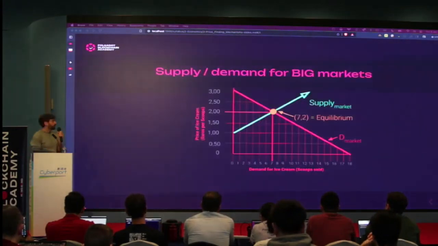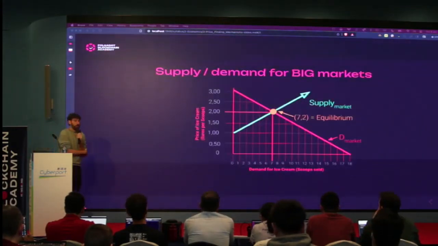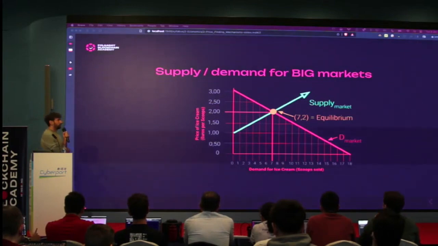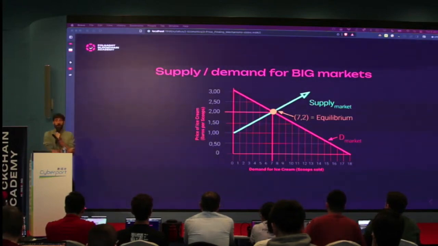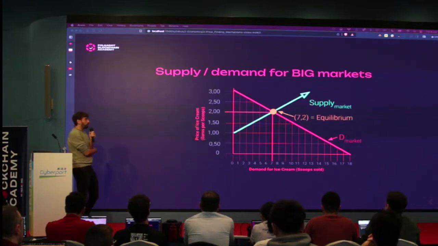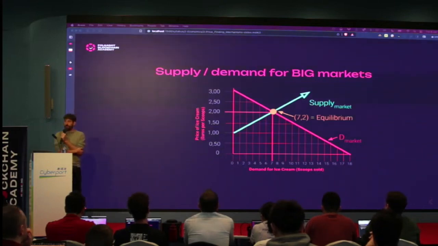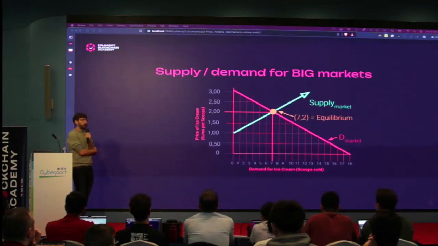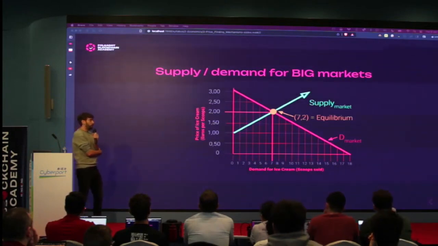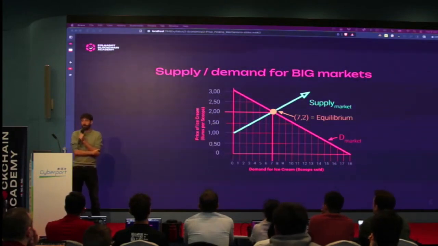So in very big markets, as we saw yesterday, this is mostly driven by supply and demand curves, where we have some market equilibrium that tells us how much quantity is efficiently produced and at what price. We had all these different considerations about whether the market can actually achieve this situation by looking at the different market power of these companies.